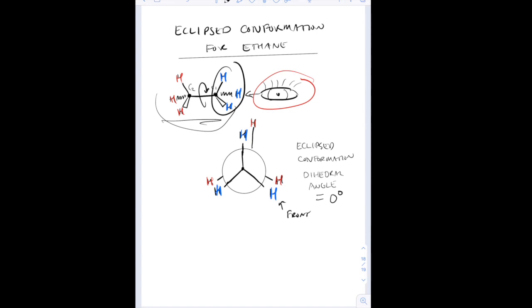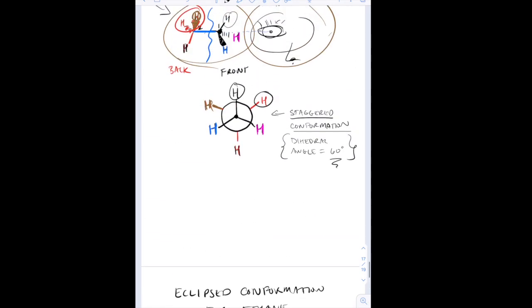And so the energy of an eclipsed conformation is higher than the energy of a staggered conformation. Now I want you to think about why. You can even pause the video if you want for a second, but just think for a second, why might that be? So I'm going to answer that right now.